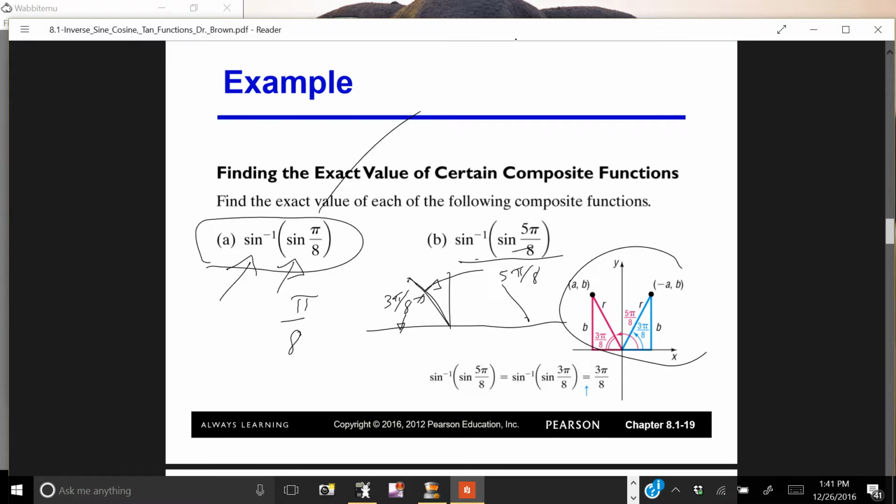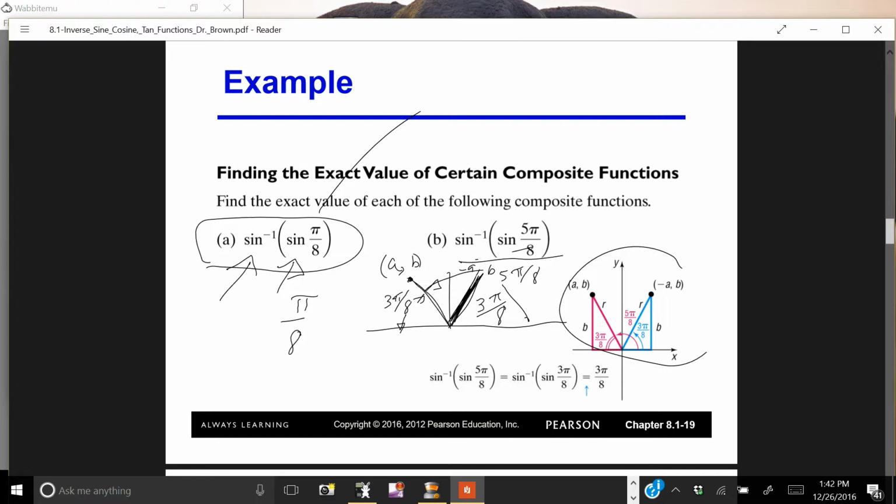And notice, in order to find an angle that's between minus pi over 2 and plus pi over 2 that has the same value of sine, if we have A and B here, the angle that has the same value of sine would be minus A and B. And that means that this angle would be 3 pi over 8.